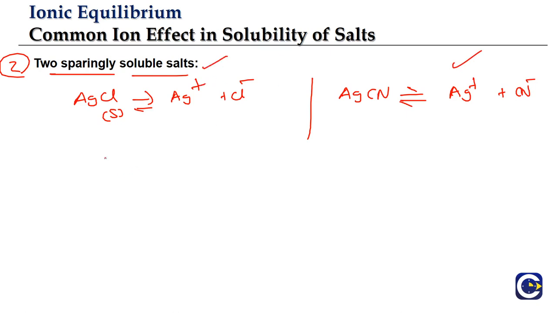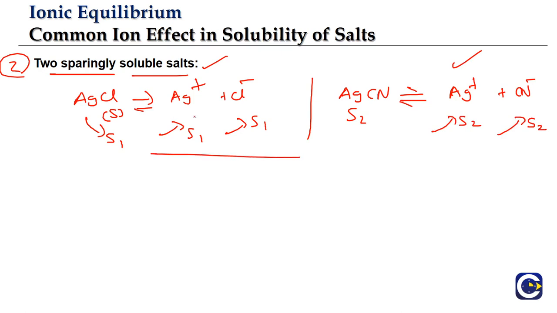If the solubility of AgCl is, say, S1, the amount of Ag plus added will be S1, and the amount of Cl minus will be S1. If the solubility of AgCN is S2, then the amount of Ag plus added will be S2, and the amount of CN minus in the solution also will be S2. So the molar concentration of Ag plus in the overall solution will be S1 plus S2.